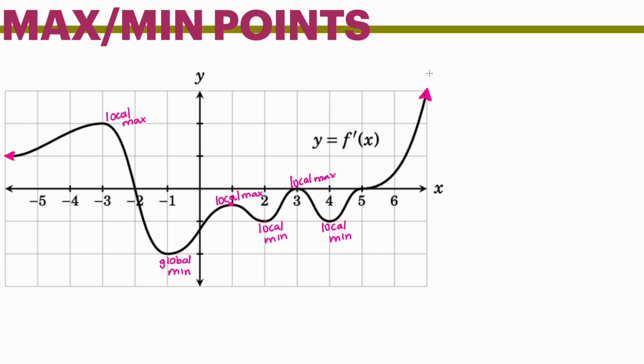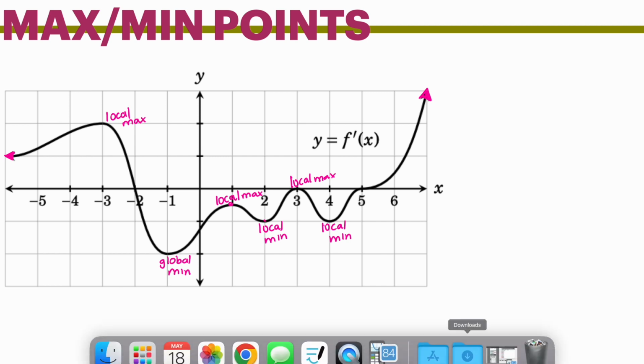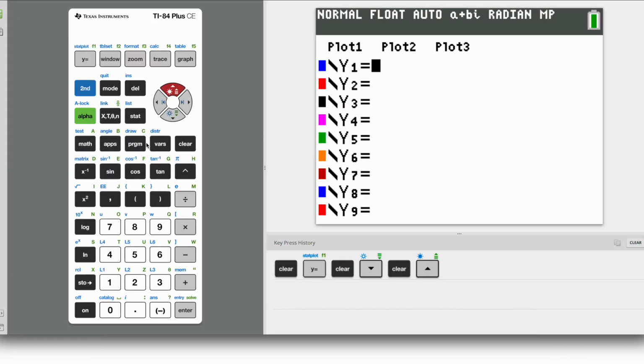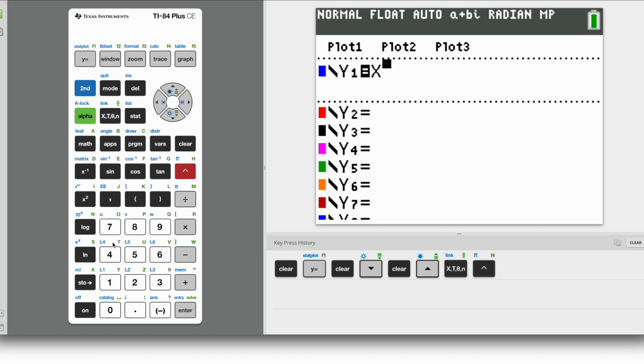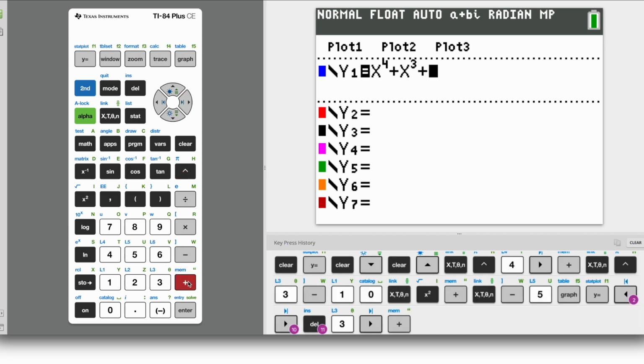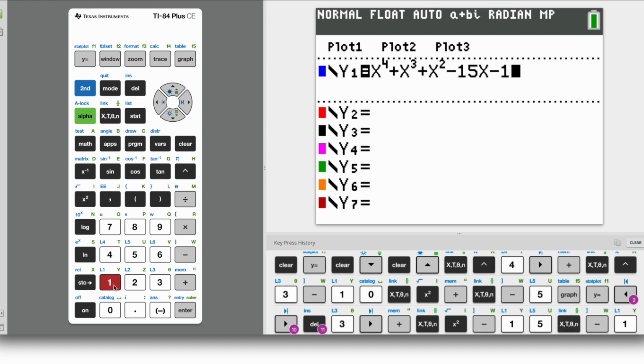Now, there is one other way if you need to actually graph something. So, for example, if I graphed maybe x to the fourth plus x cubed, and then maybe a plus x squared minus 15x minus 1.